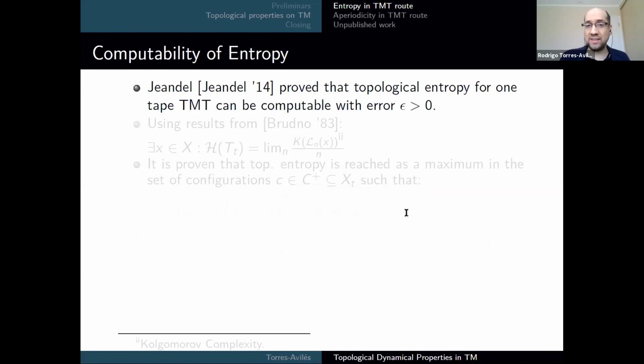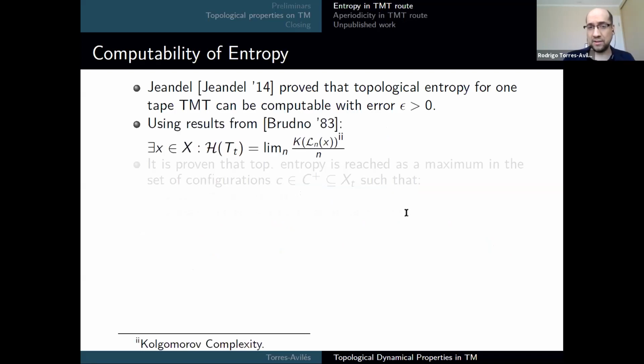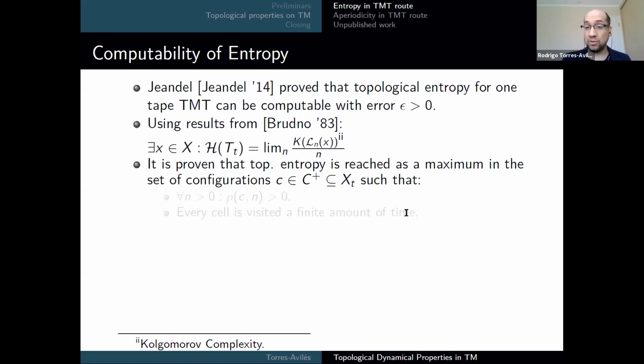This result is from Jandel in 2014, and Rowley used a result from Brudno that the entropy is possible to calculate through Kolmogorov complexity. I know the Kolmogorov complexity is not possible to decide either, but it is also proven that the entropy is reached at maximum in the set of configurations C+.